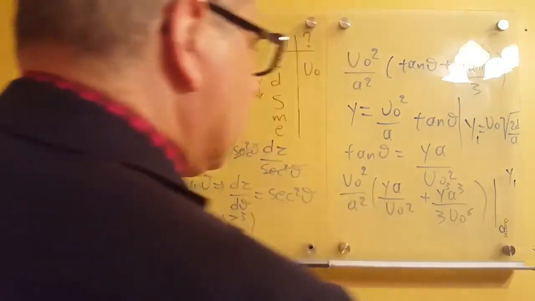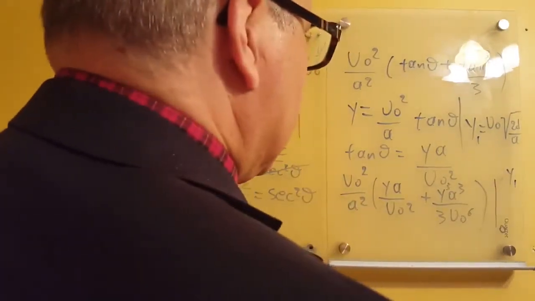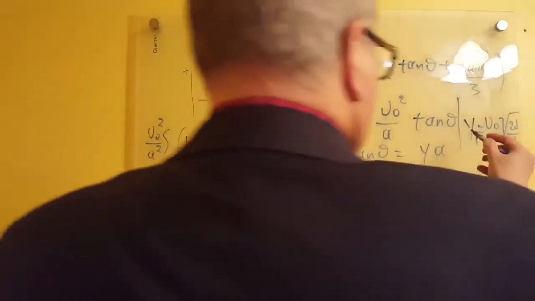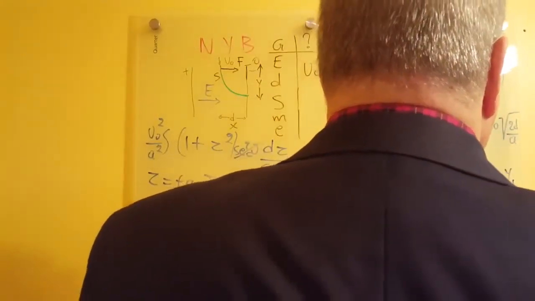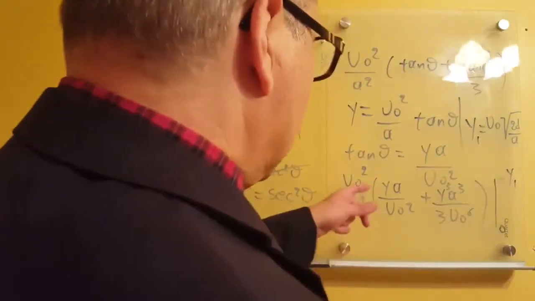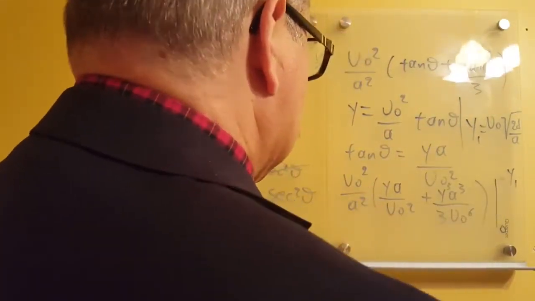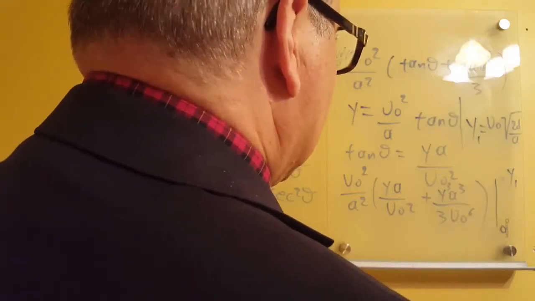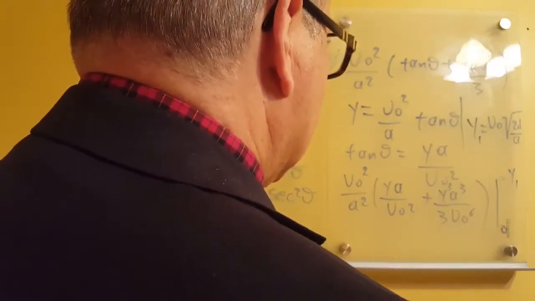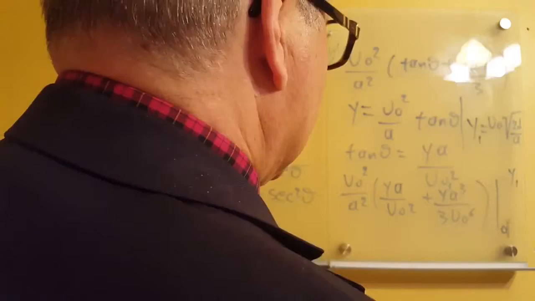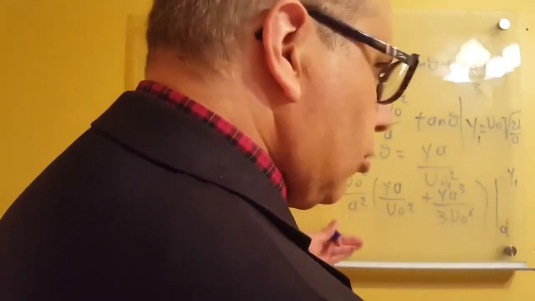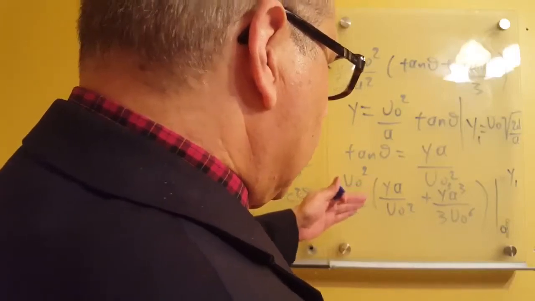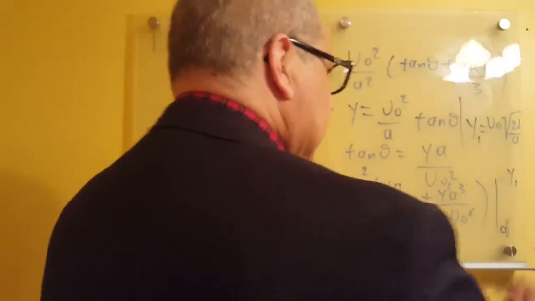Now if you substitute y1 and 0 in this equation, you will get the final answer, and the only unknown will be v0, because the rest is given.